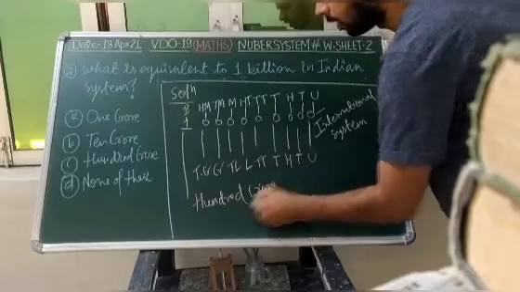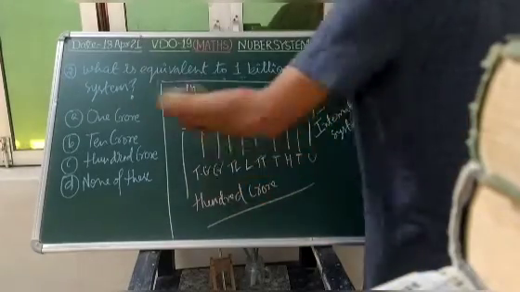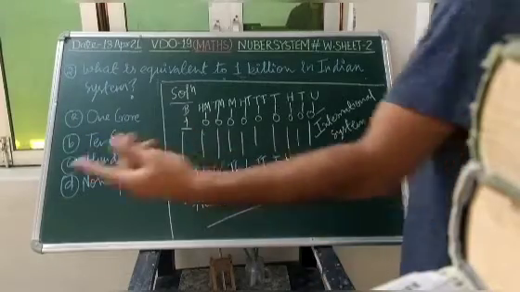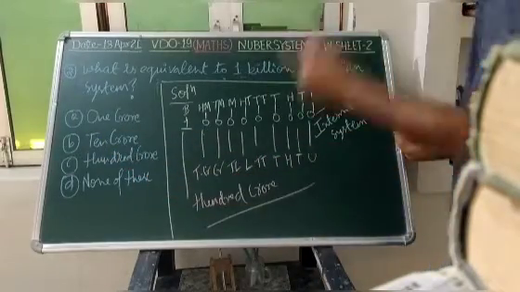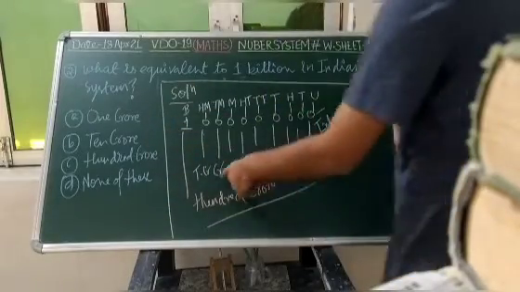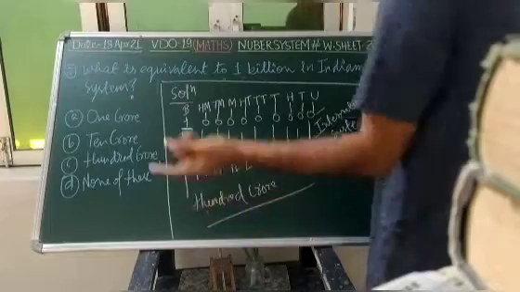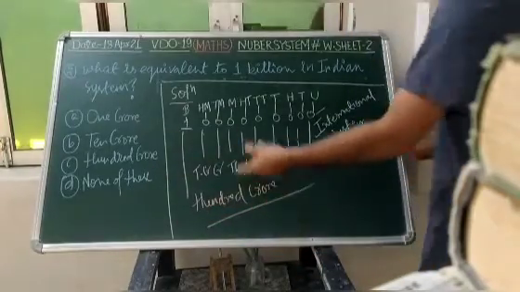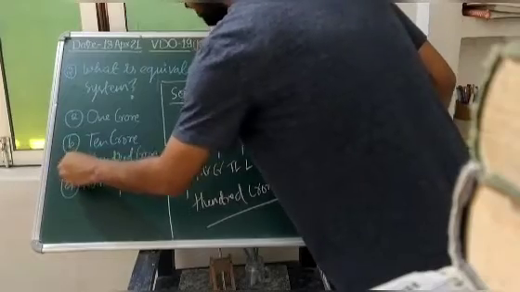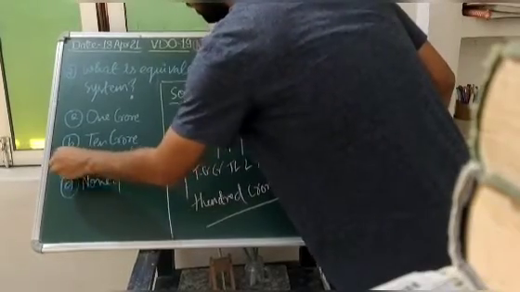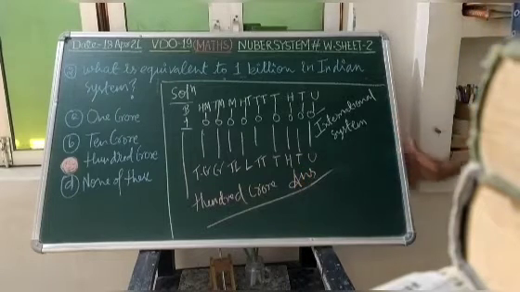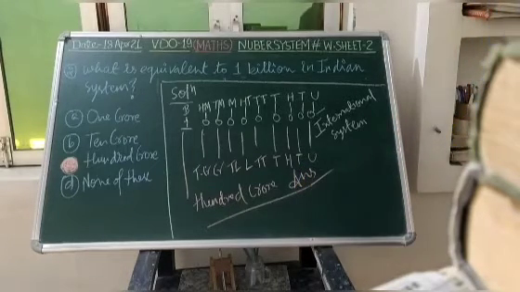In general we say Arab, 1 Arab, 10 Arab, but here they are saying it in terms of crore. So after 10 crore, 100 crore. So 1 billion will be nothing but our 100 crore. It's your answer.